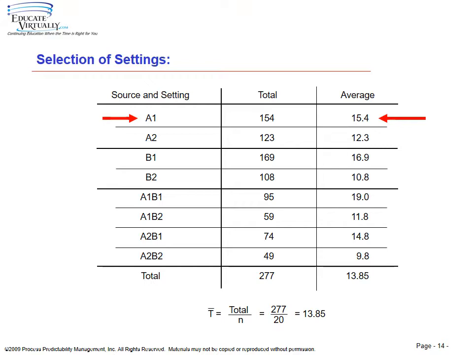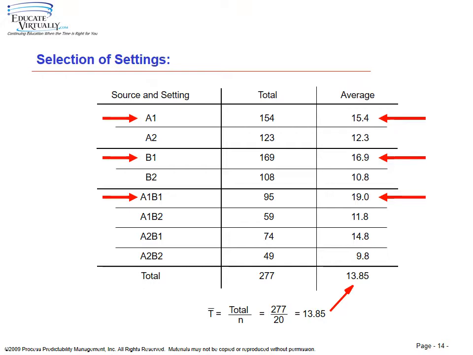We would select A1. Factor B, the gap distance. The low setting, B1, gave us the highest average inductance value. We would select B1. And when we look at the interactions of A and B, we see that the A1-B1 combination gave us the highest inductance value of 19. We would select that as well.